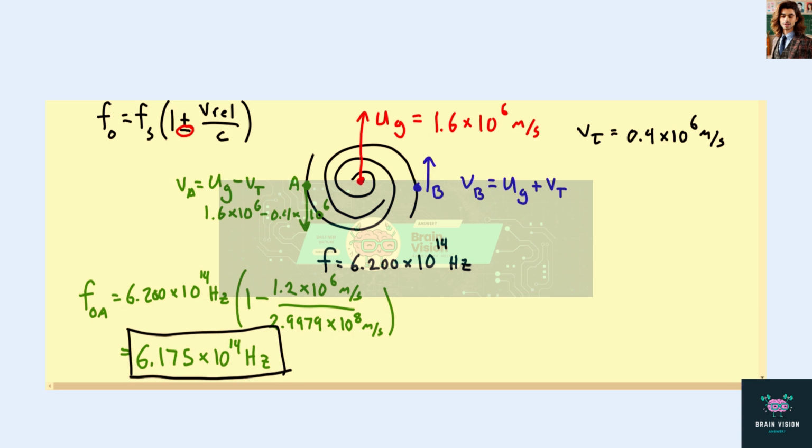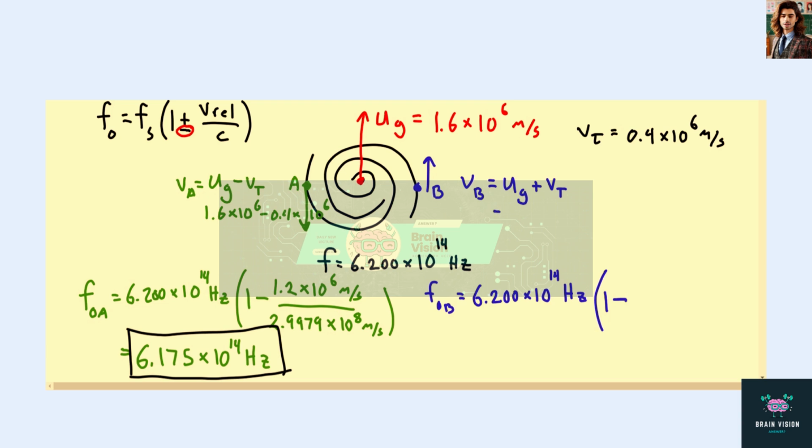Now we can do that exact same thing over here, but for point B. Frequency observed at B is that same emitted frequency, 6.200 times 10 to the 14 hertz, multiplied by 1 minus, because it's moving away from us, minus sign there.